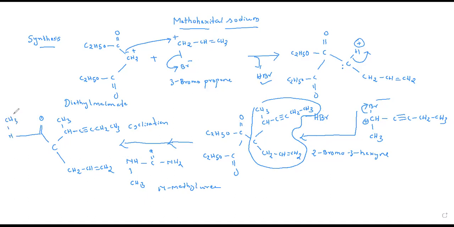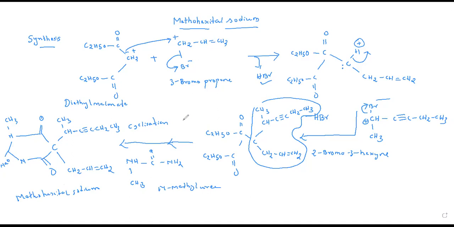This NCH3 you are going to get from N-methyl urea, followed by one more nitrogen, followed by the ketone group. And here you will get the sodium salt, NaO. So this is the structure of methohexital sodium. This allyl group and this hexyne substituent you are going to get from the previous intermediate compound.